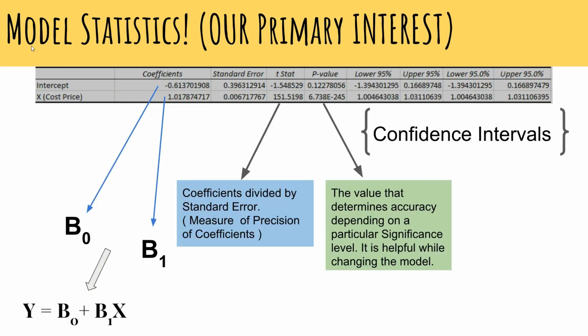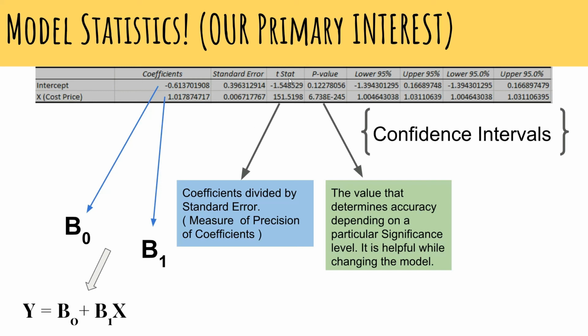Moving on further, this is the final part of our summary table. It is the model statistics, and this is what we have in our primary interest. As I explained in the Excel tutorial, we can get the predictor equation of our simple linear regression model by simply observing the intercept coefficient and the coefficient of the x variable in our model statistics data table, and we can just put these in as the values of b0 and b1 and get to our predictor model equation.